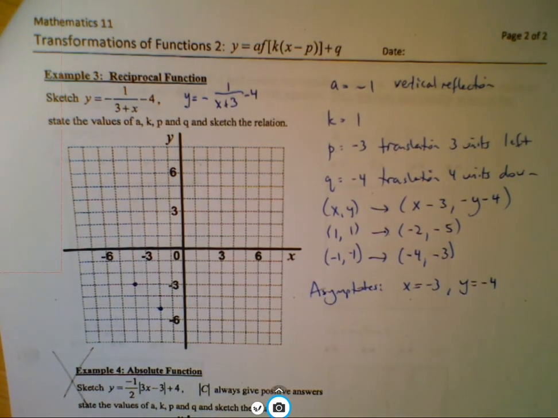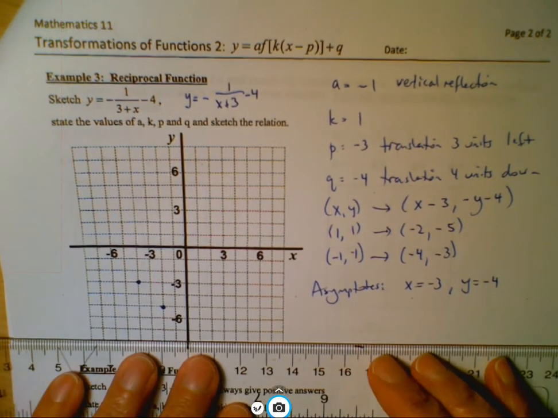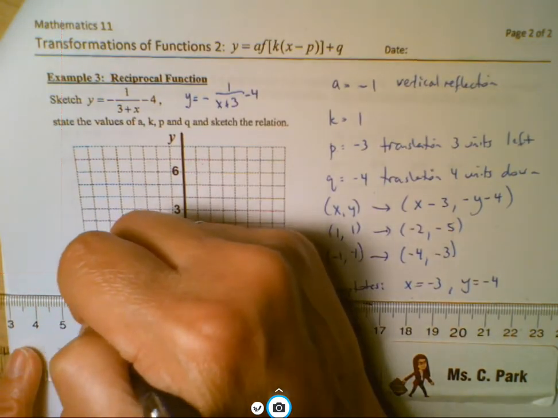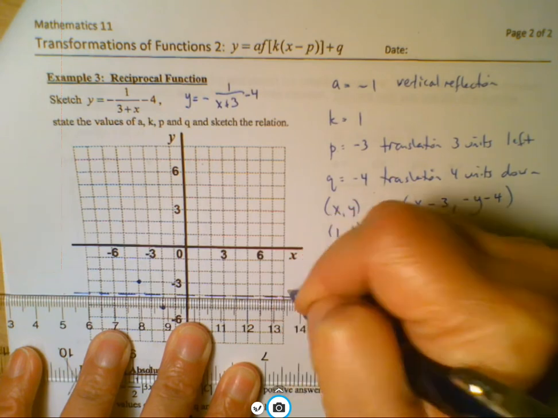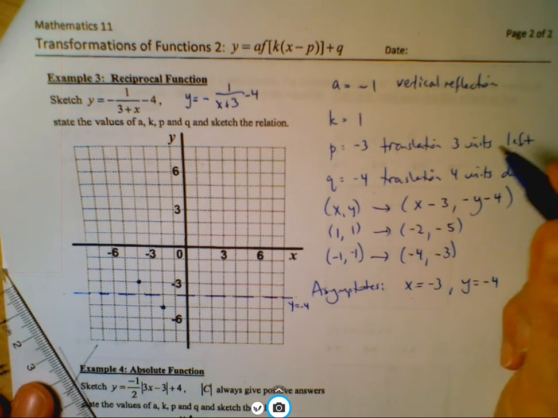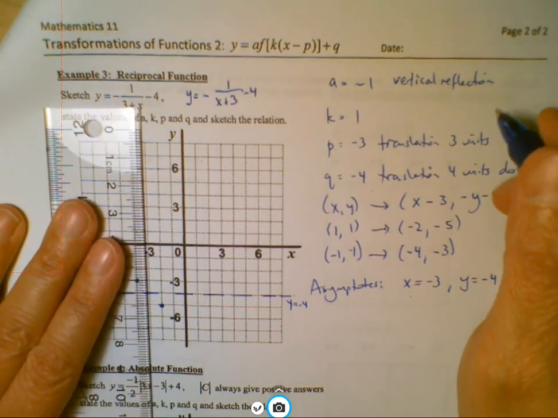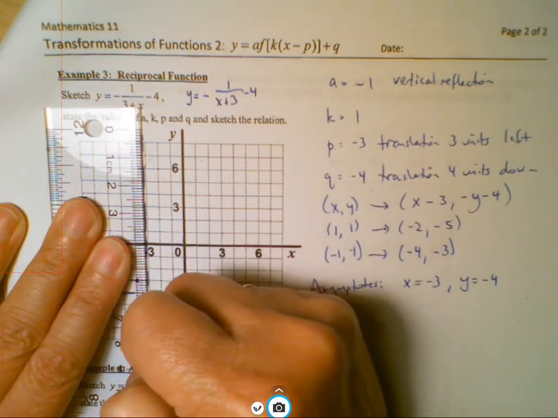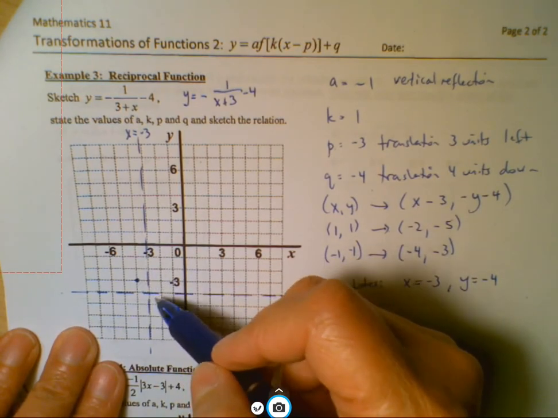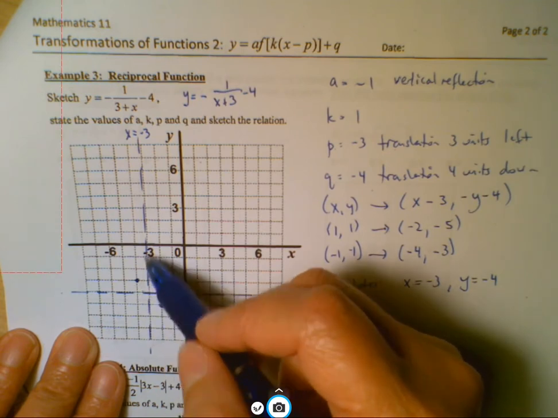And now that I've got my asymptotes, then these 2 points are going to make sense. So let me put one, y equals -4 is through here, and you can see that that makes sense for these 2 points, that it goes between them. Notice I'm labeling everything, including the asymptotes. Then I have x equals -3. Okay, and now you can see these points make sense because they're on sort of diagonal quadrants with the asymptotes.